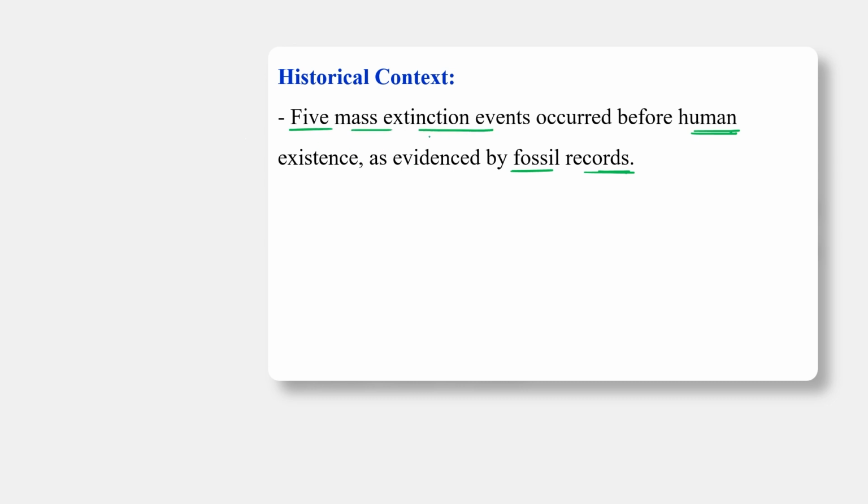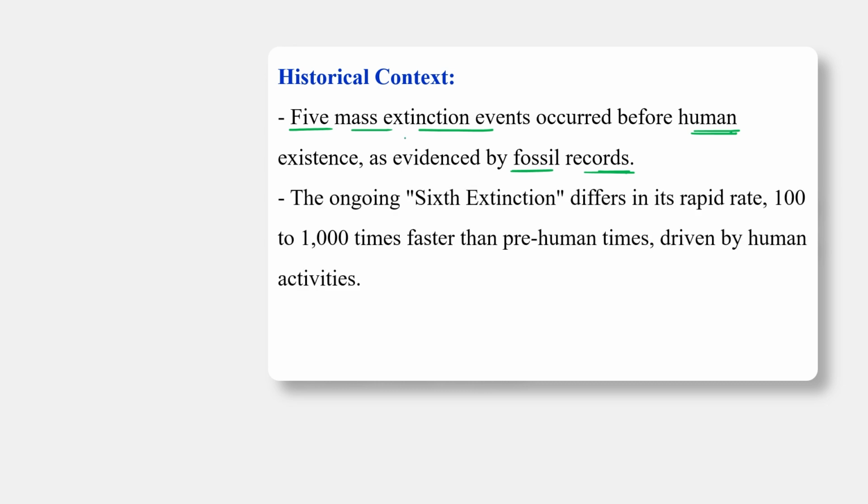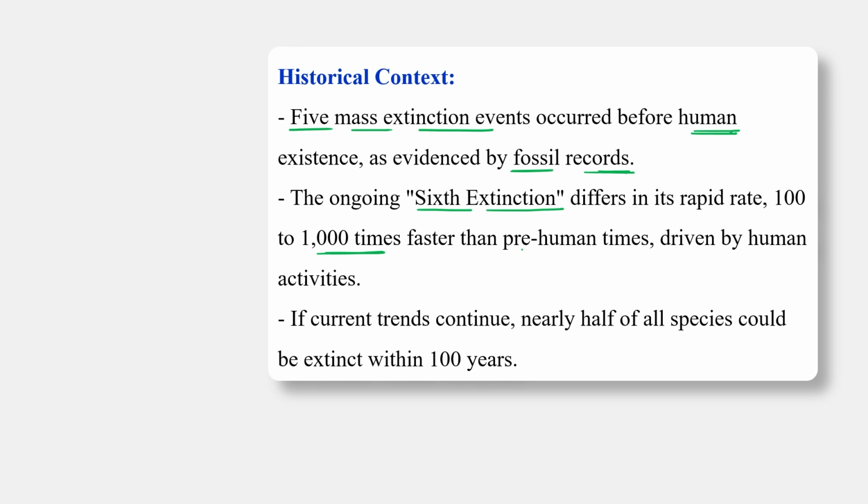But this ongoing sixth extinction is very, very fast, 100 to 1,000 times faster than before, that is, than pre-human time, because of various human activities.